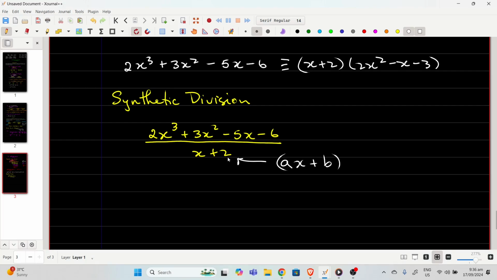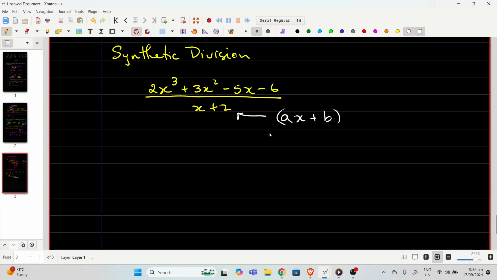This is the only situation in which I can use synthetic division. Otherwise, it doesn't work. Now, the first thing you need to do for synthetic division is solve this equal to 0. So x plus 2 equal to 0 is going to give me x equal to minus 2.